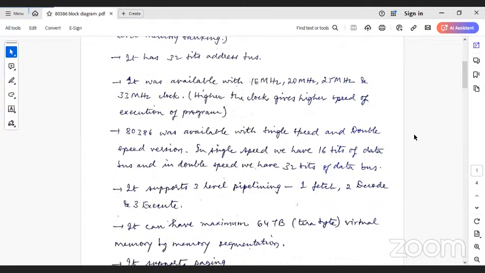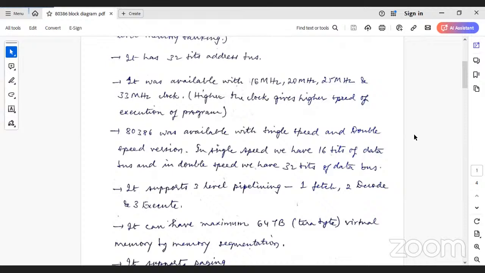Earlier, what you saw was only 2-level pipelining, and you had an instruction queue, where 6 bytes of data were already fetched and kept ready, and then executed. In this case also you will have an instruction queue and a prefetch queue. You can fetch more than 1 byte and keep it ready for decoding and the next execution. So it has 3-level pipelining.